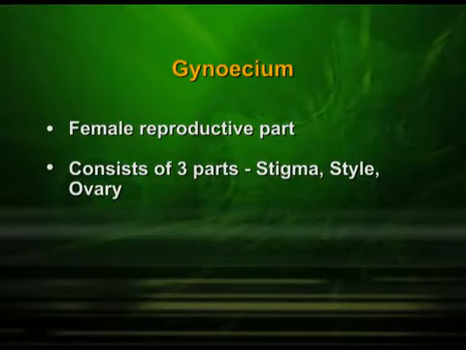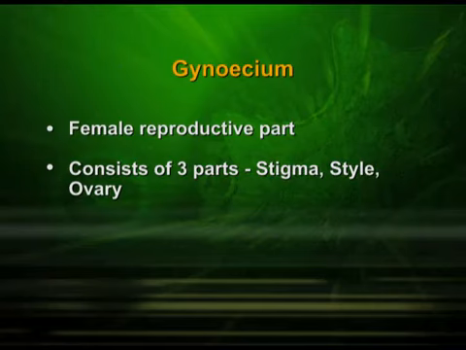This portion is known as the stigma, which is the receptive organ. The pollen grains are dusted on this stigma. This elongated long portion is known as the style, and this portion is the ovary. So, a carpel is made up of 3 parts: the stigma, the long elongated style, and the ovary.